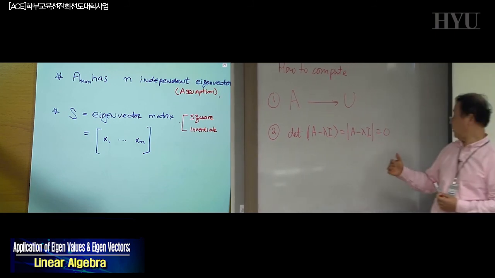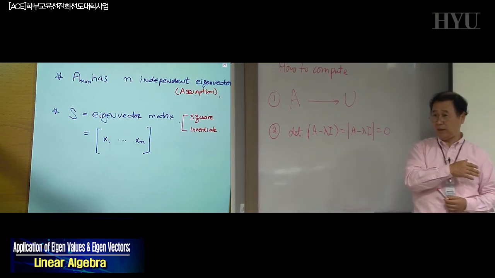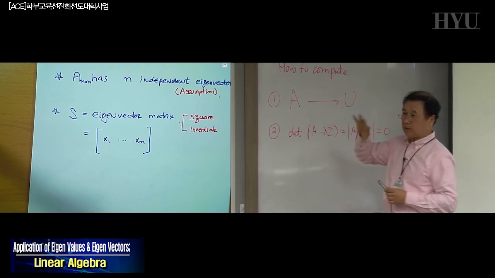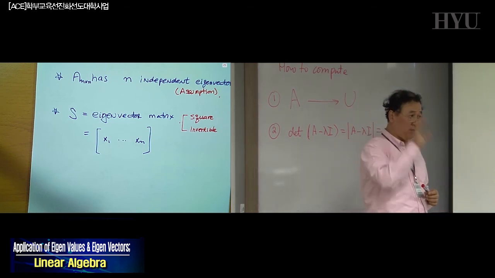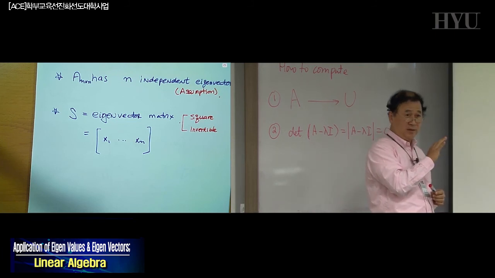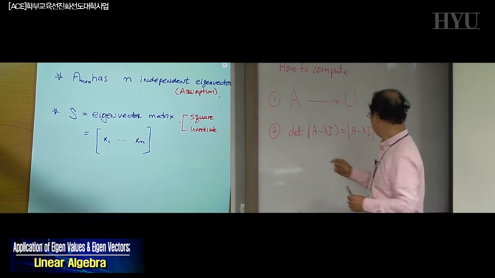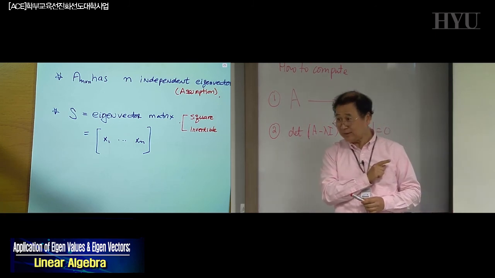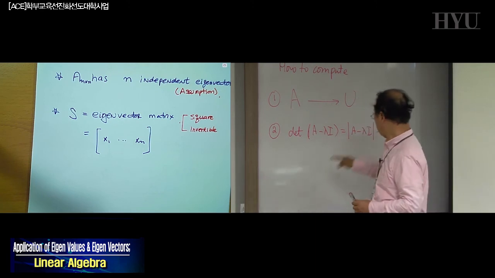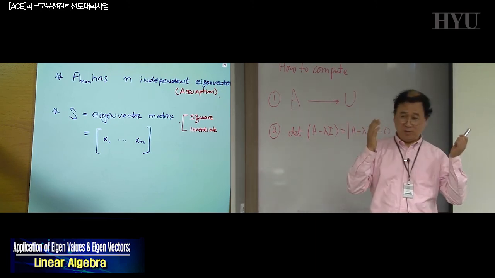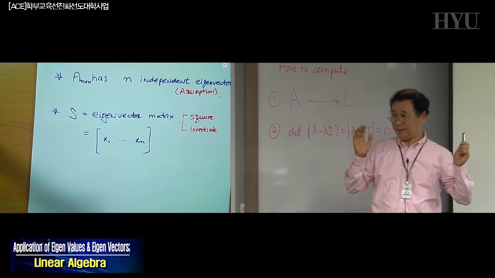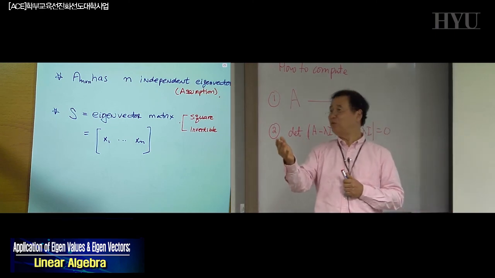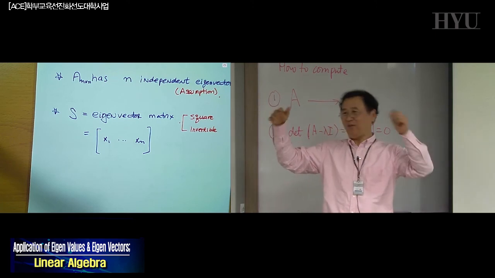This determinant is a polynomial. Because the eigenvector is defined for a square matrix of dimension n, this is an nth order polynomial, right? When it's 2 by 2, this is second order, 3 by 3, third order, 10 by 10, 10th order. 2 by 2, you know how to solve it. 10 by 10, we have to use a computer, right?